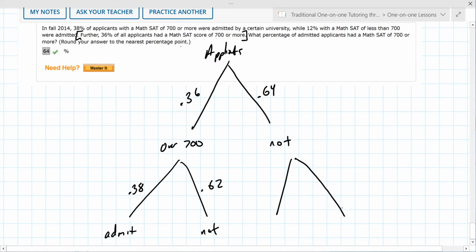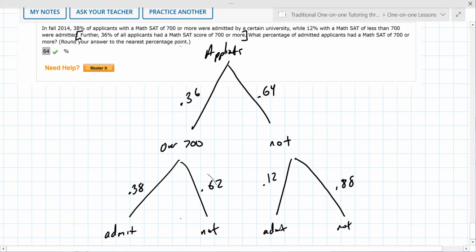Gotcha. And then over here on the right, this is the next part. While 12% of math SAT less than 700 were admitted. So admit, that was 0.12, not is 0.88. Now let's just say you tried to start here because you read the first sentence and you're like, oh, it's 0.38, 0.62, I'm really good, got this down.